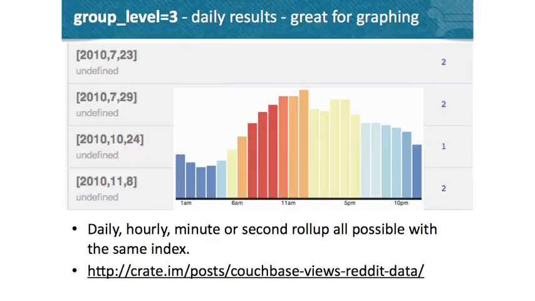So again, group level is one of those things that takes a little while to grok and then has a bunch of possibilities behind it. We've got group level 3, group level 4. You can imagine how that number would just get bigger, and you're splitting it by later elements in the array. There's also group equals true, which is the equivalent of group level equals infinity.